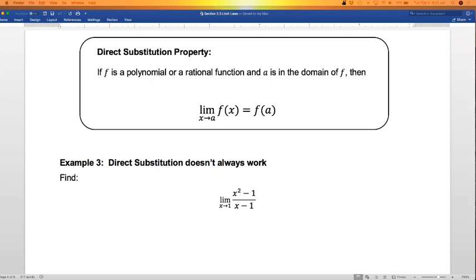Okay, so we have to be careful because direct substitution doesn't always work. And so the times when it doesn't work are exactly what's stated in its qualifier there. A has to be in the domain of f. So if we look at example 3, and we look at this function, is this a value, is 1 in the domain of this function?